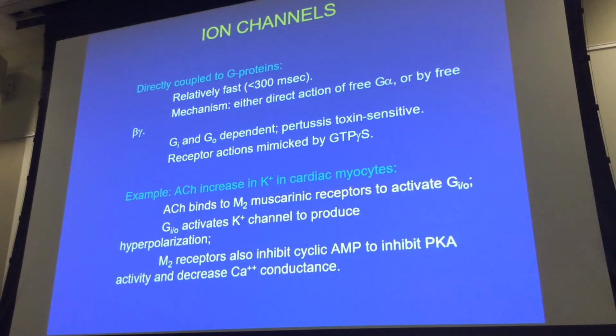Remember that GI and GO inhibit adenylyl cyclase, inhibiting cyclic AMP, inhibiting protein kinase A, and when it does that, an inhibition of cyclic AMP will then dephosphorylate the calcium channels and reduce calcium conductance. So there's actually, the cholinergic muscarinic receptor actually has two different mechanisms of action, one fast and one slow.